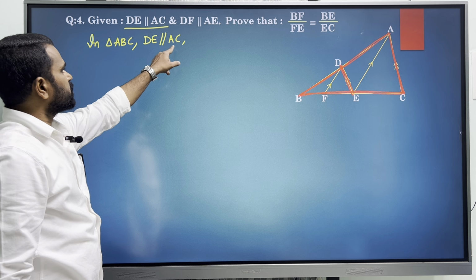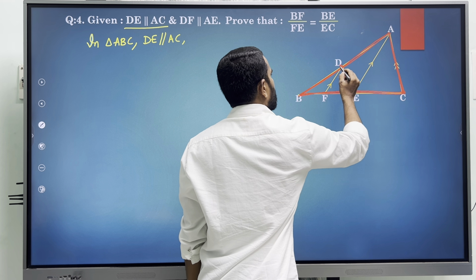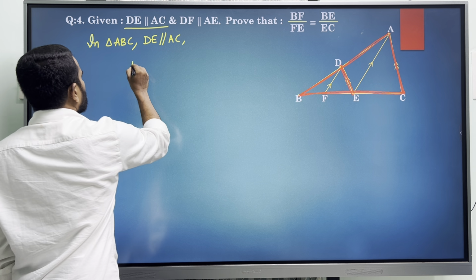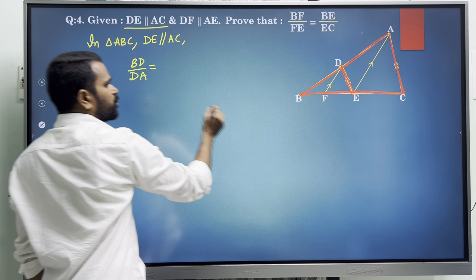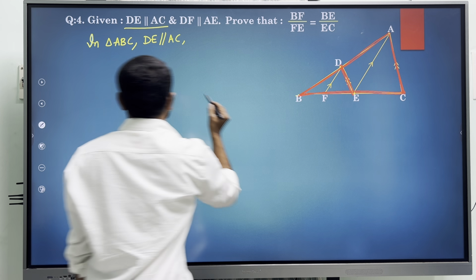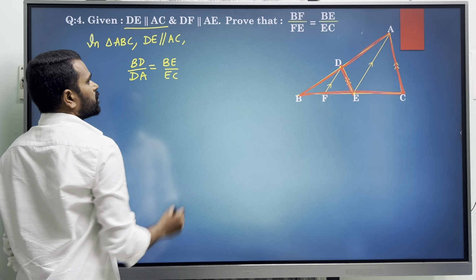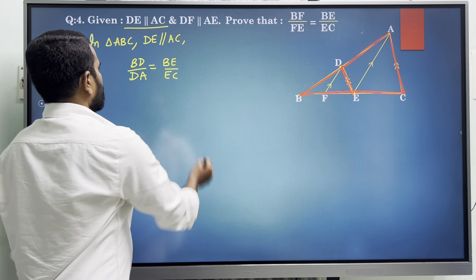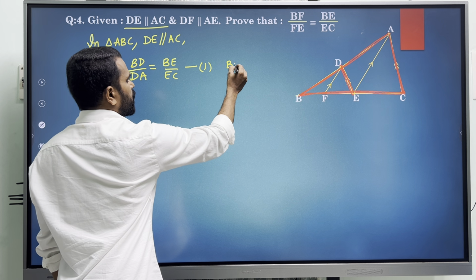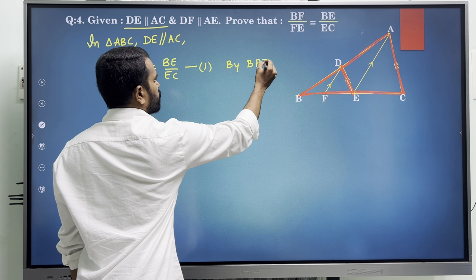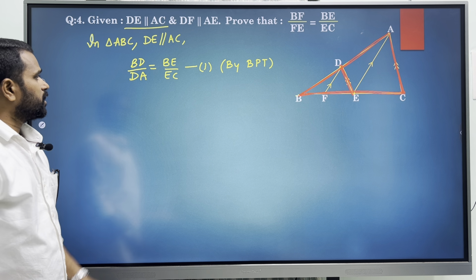So if these two sides are parallel, that means BD by DA is equal to BE by EC. Understand? We are writing this particular equation using the basic proportionality theorem, BPT.